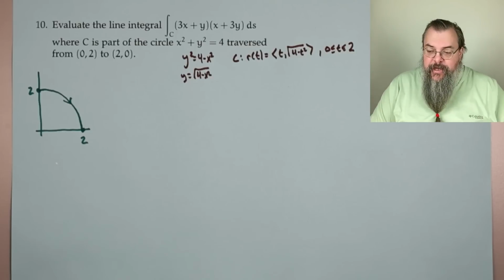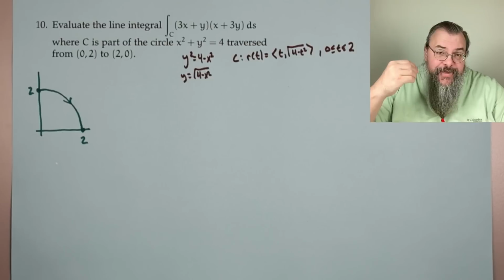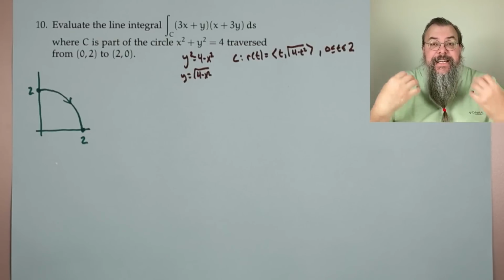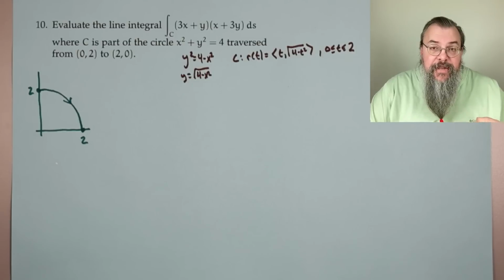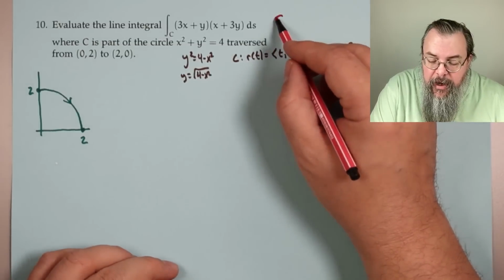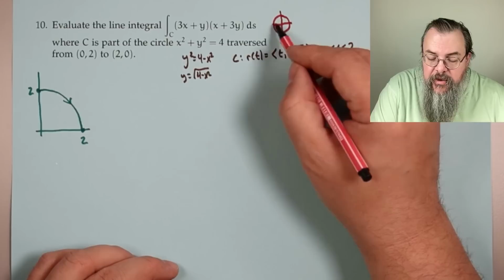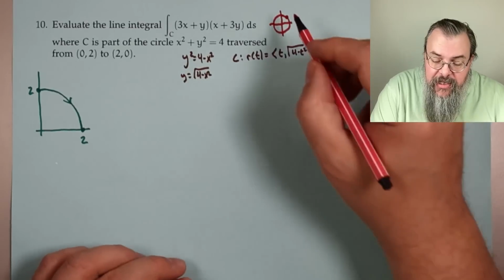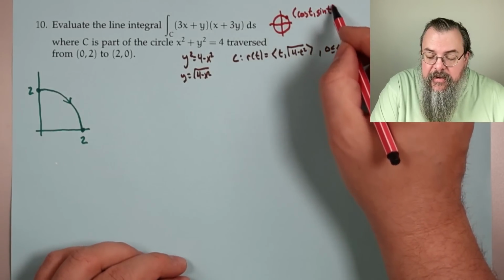But I want to point out another thing that you can do, mostly because I just want to emphasize that when you see circles, circles have a natural built-in parameterization. Namely, if you think back to the unit circle, points on the unit circle are storing information about particular functions, in particular cosine and sine.